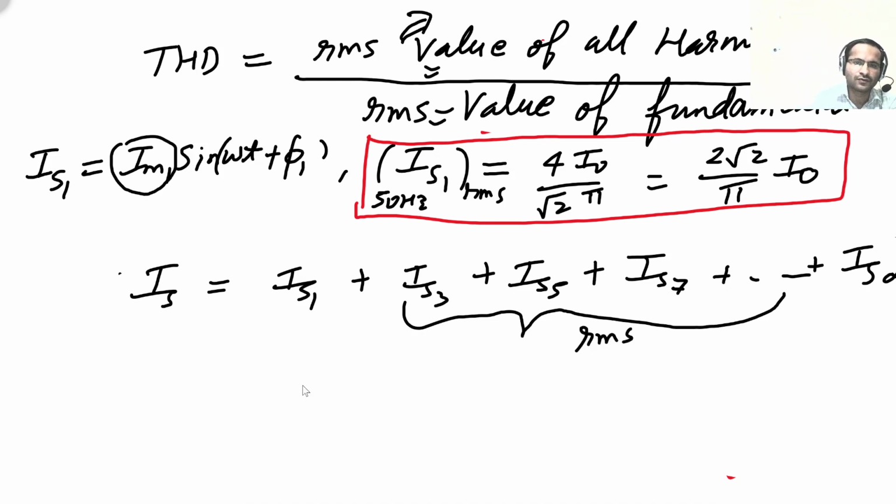One more thing you can understand from these harmonic currents is that they are orthogonal to each other.